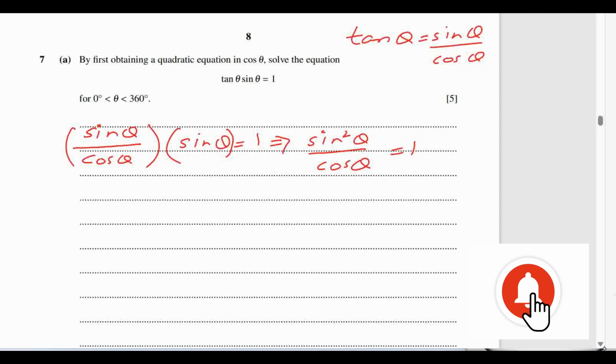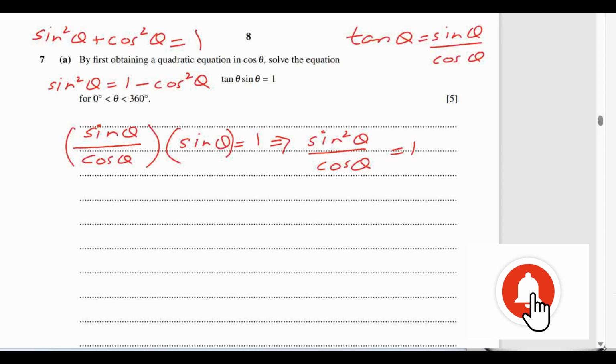So now as we know that sin square theta plus cos square theta, by the way this formula will be given to you, is equal to 1, so we can write it as sin square theta is equal to 1 minus cos square theta.